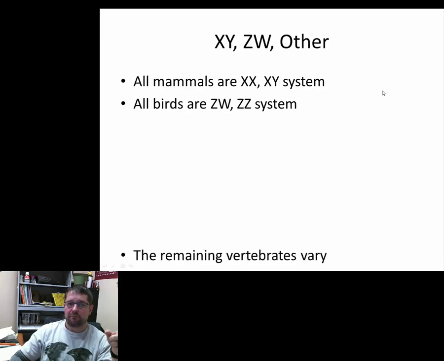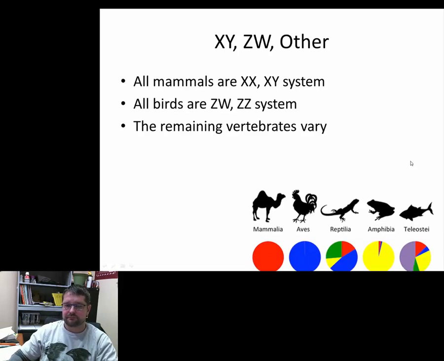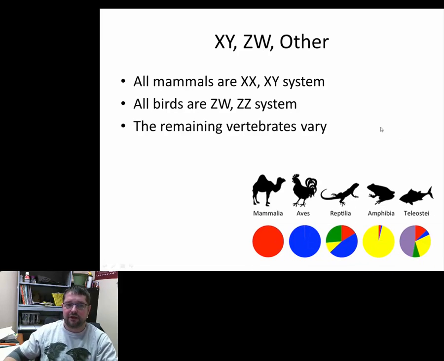Now, when we look at the other vertebrates, the things that gave rise to these groups, this provides a lot of evolutionary evidence. You would expect reptiles, which gave rise to mammals and birds, to have both systems. And indeed, they have both systems and others.